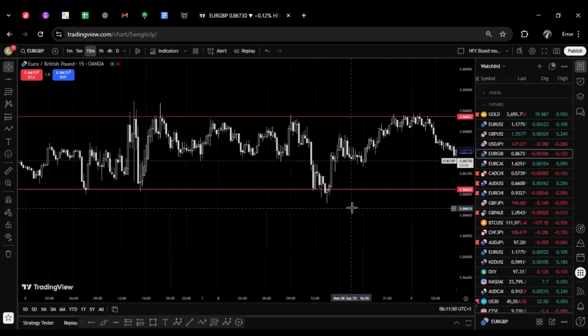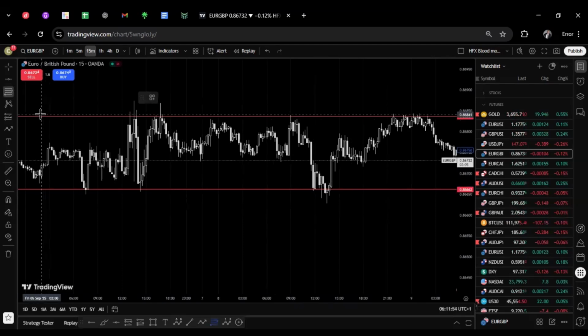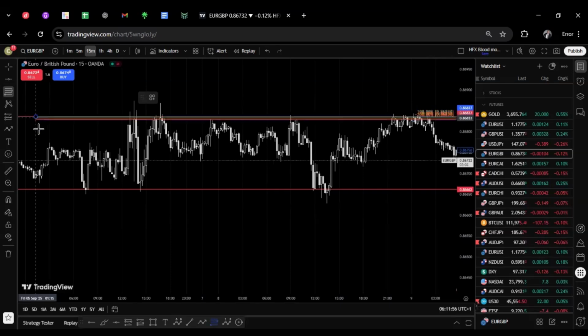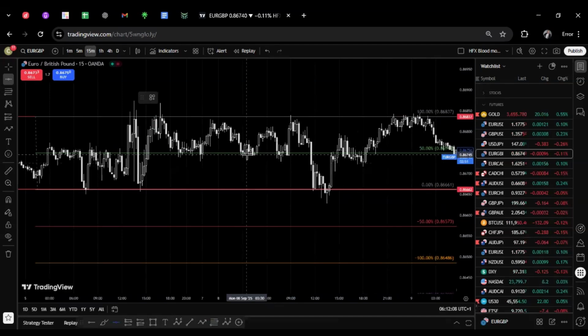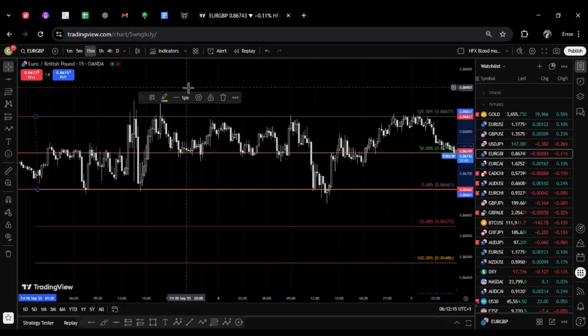If you're confused on how to get the midpoint, just take your Fibonacci, pick the highest to the lowest. The 50 level of the Fibonacci is your midpoint. Mark it out. You can see it here, 50%. I just keep our line here. Then take out the fib, because we're not using it to do anything here.